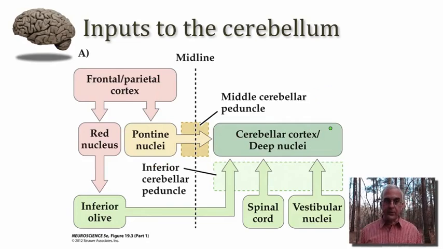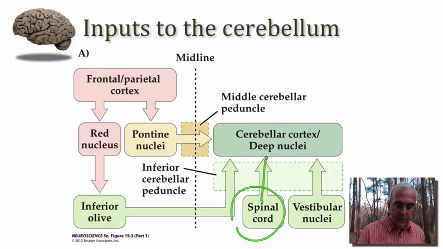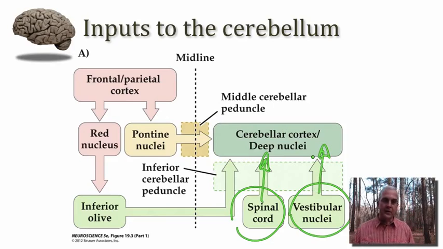Another important source of input to the cerebellum comes from our sensory systems, and specifically from our proprioceptive systems concerning the movements of our arms and legs, and this is fed into the cerebellum via relays from the spinal cord and the caudal part of the medulla. And then there are inputs concerning the movements of our head, and these are conveyed into the cerebellum via the vestibular nuclei of the dorsolateral tegmentum of the upper medulla and the caudal pons.